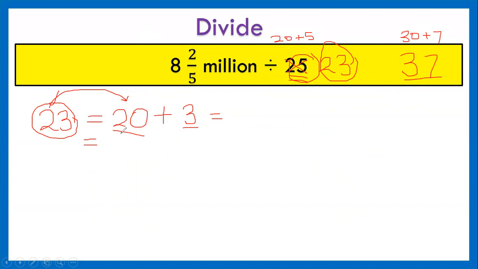So 20, what's the next number? 40. Sorry. 40. Okay. And then 60, 80, 100, 120, 140, 160, 180, and finally 200.